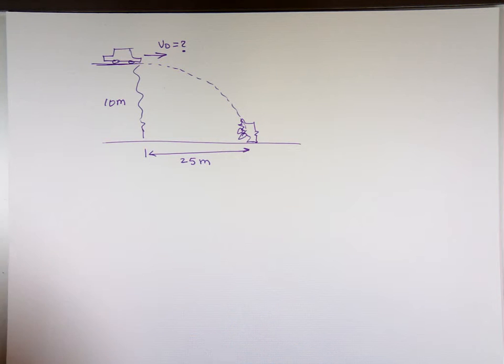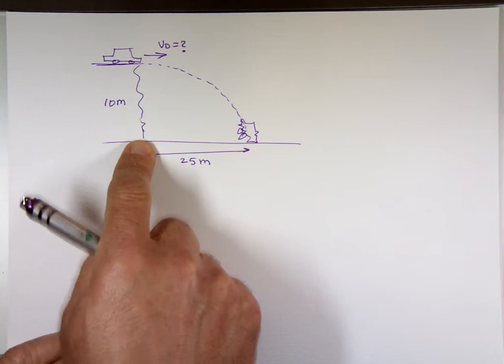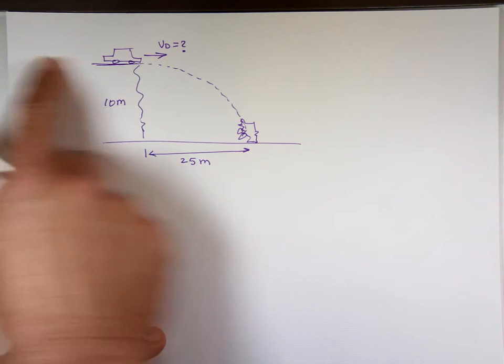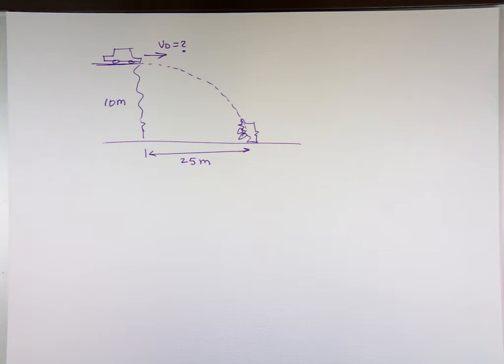Now, one thing about projectiles: if you took that car and dropped it straight down, it will take the same time as if you went off this at 100 miles per hour. The time in the air will be the same. So if I take my pen, roll it off this table, and at the same time, when this one leaves, I drop another one, they both should hit the ground at the same time.